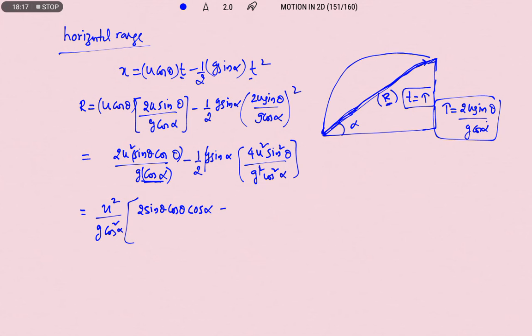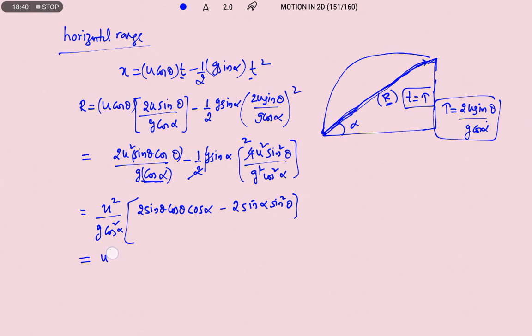so what is left in this? Here 2 sin alpha sin square theta we can write as the rest.